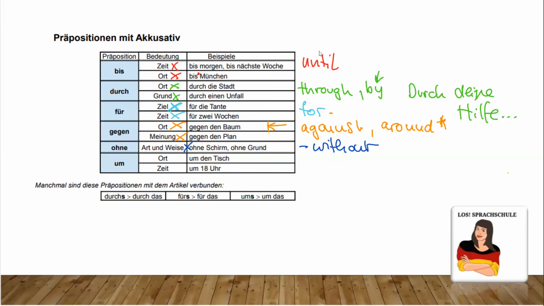And the last one, um, means around. We have it also for a location. Um den Tisch, around the table, or um das Haus, around the house. This is this typical expression. And the second one is also really common. It's time related. Um 18 Uhr. In this case, it's more of the meaning at.